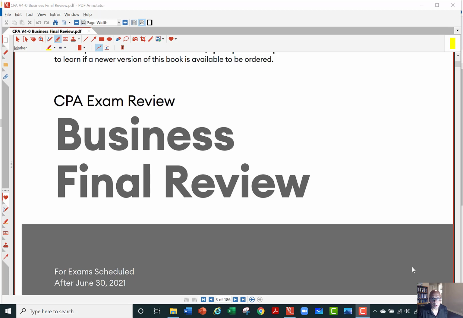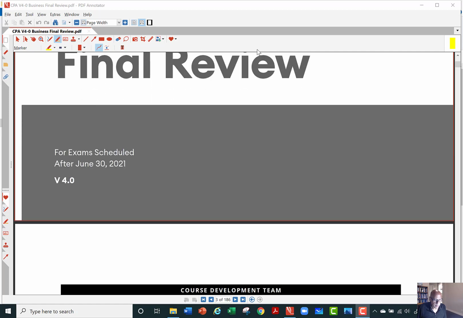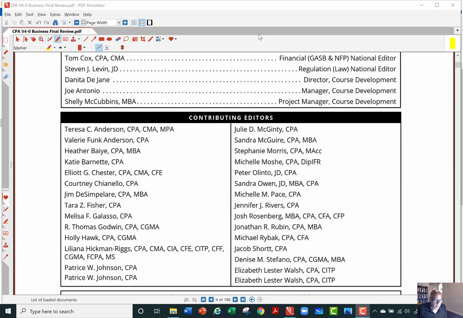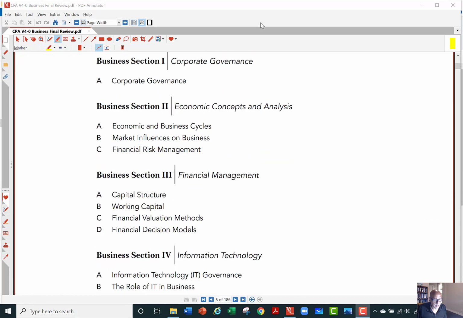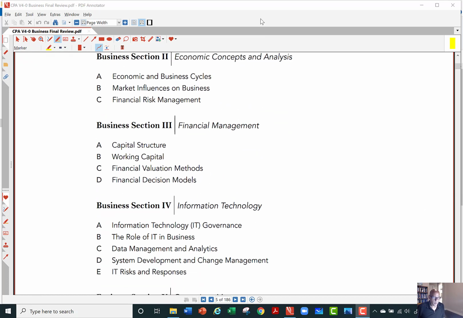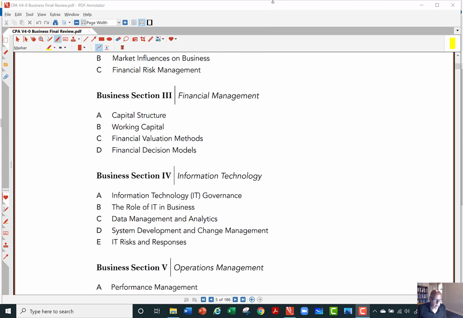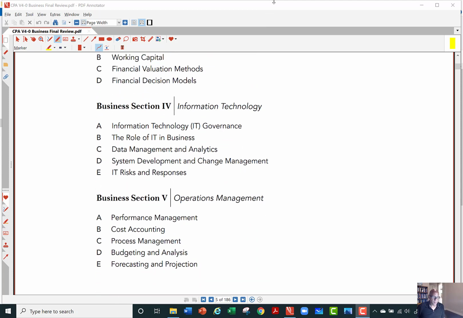Make sure that you are still going through all of your final review book, and I showed this to you last time. You should have ordered this, so you should have this book available so that you can go through the final review. And just to take a look at the different sections, we're really going to focus down here in section 5.